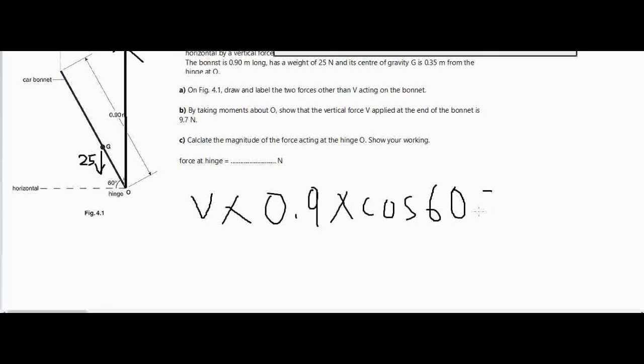Then we're going to say that is equal to the weight, 25 newtons, times 0.35. That's the distance that the center of gravity is from the O, also multiplied by cos 60.